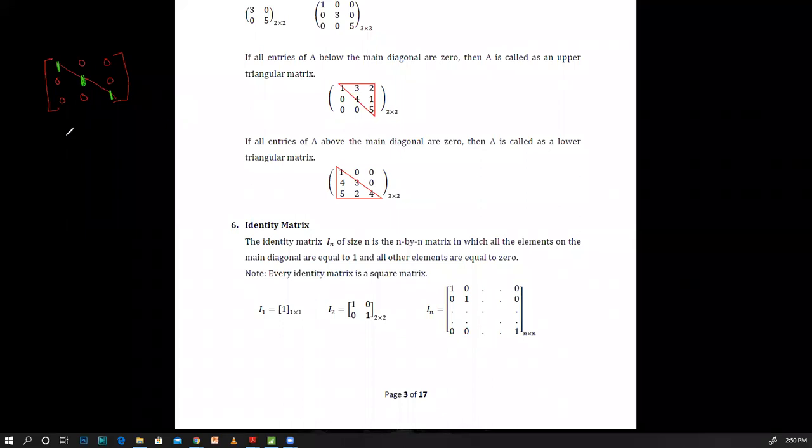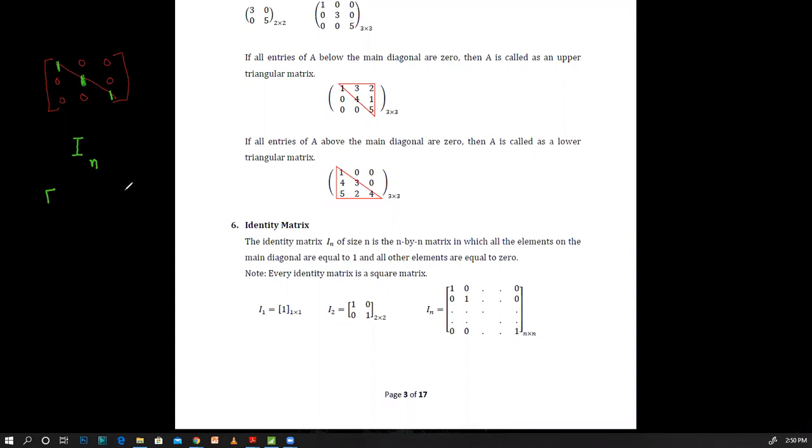Generally, we are naming the identity matrix using the letter I, and since this is a square matrix, we can say the order of this matrix is n. Therefore, if it is I in the order n, we can say that this is an identity matrix.